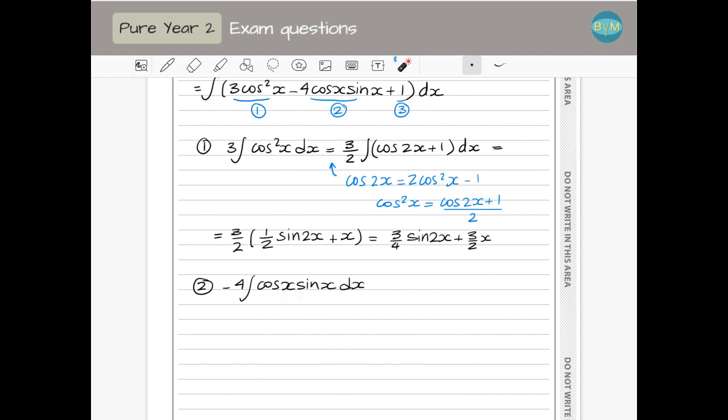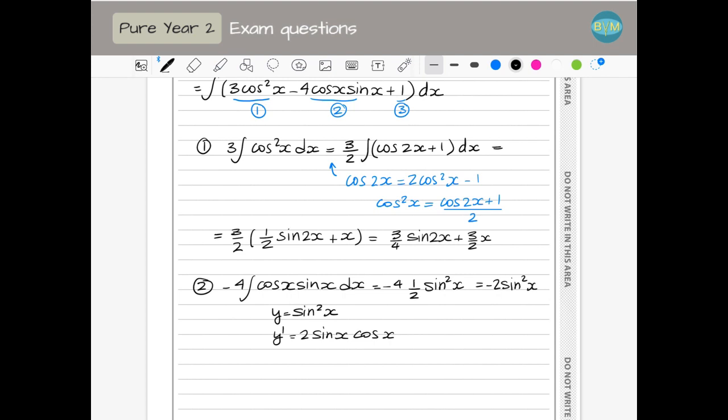So if we say, for example, that y is sine x, when we derive sine squared, we have 2 sine x cos x, which is what we have here, except for the 2, so I have to divide by 2. So I will have minus 4, and then the integral of that would be 1/2 of sine squared, because when I derive sine squared, I have 2 that is cancelled with these 2, sine cos. So this is minus 2 sine squared.